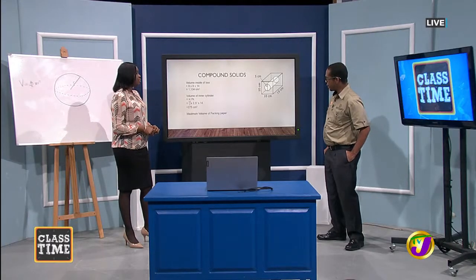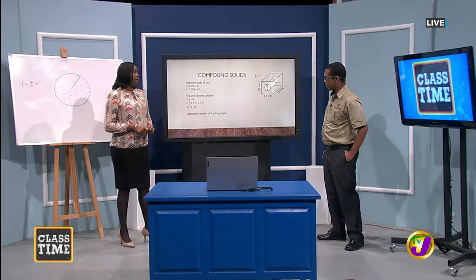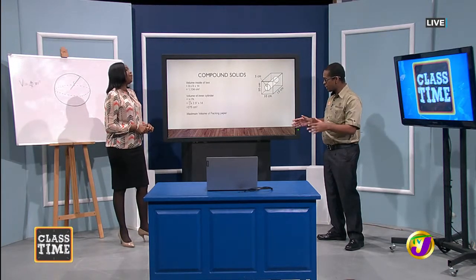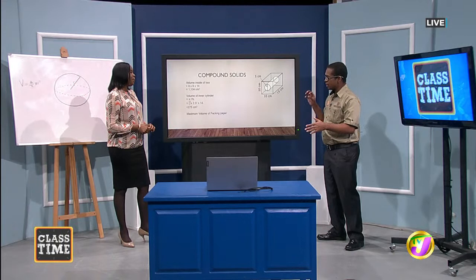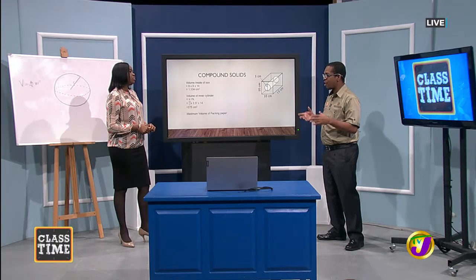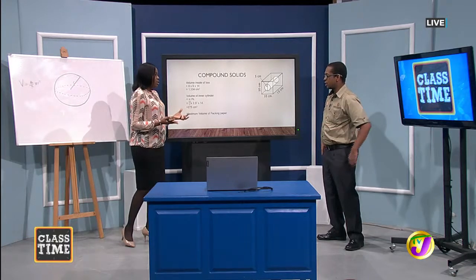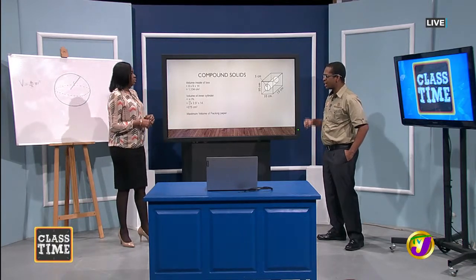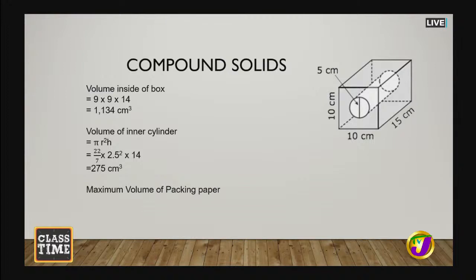So in this situation, as we had said before, we have some space within the box. The cylinder is obviously taking up some of that space, and the packing paper would be the volume or the space remaining in the box. So in this case, would we add? No, because the cylinder is taking out some of the space.